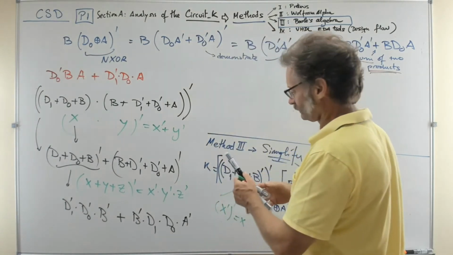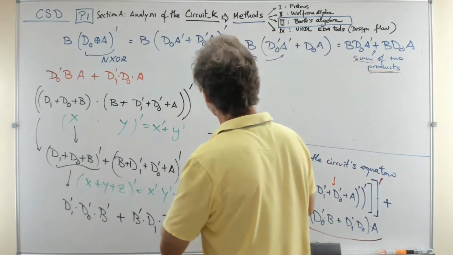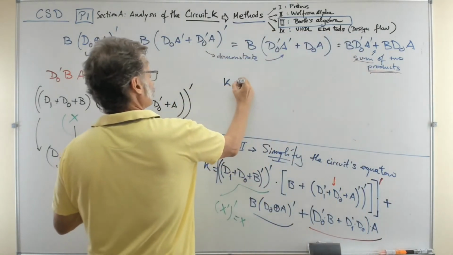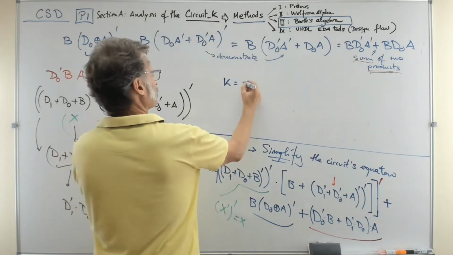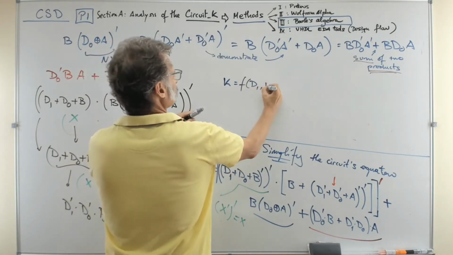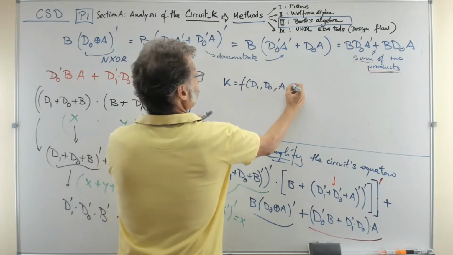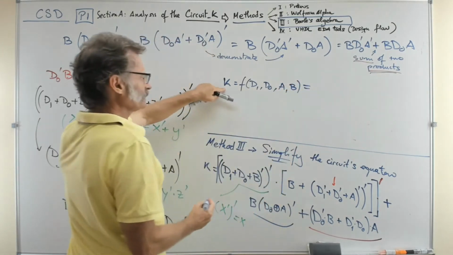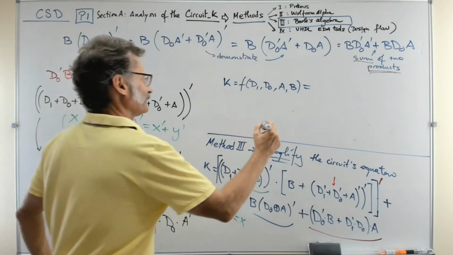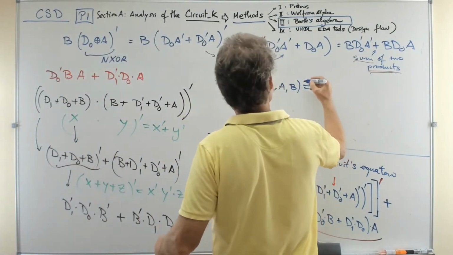So in the end you can write here, if you like, the key, which is this function again, a function of d1, d0, a and b. So this key may be considered a sum of products, right?